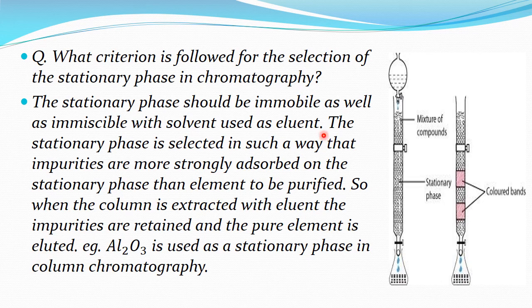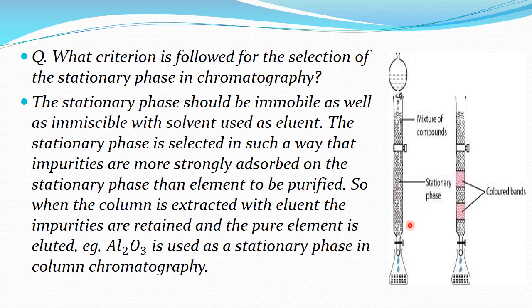Clear? After the stationary phase has adsorbed the impure element at different rates, with impurity on top and the pure element down, after that we use the eluent. Eluent is another chemical substance. When we pass the eluent, what will happen? The eluent will move along the side of the column. Eluent is a flowing chemical liquid, so it will flow along the side of the column.